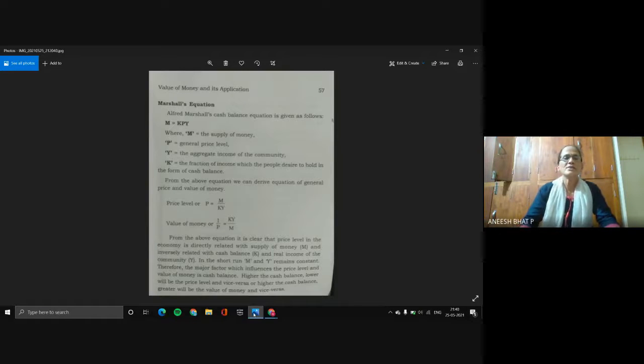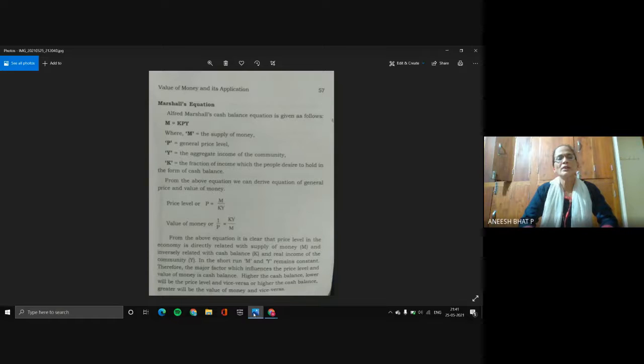K is a fraction of income. There is Y, and K is the fraction or part of income which people desire to hold in the form of cash balance. Remember, in this whole equation, K is important. Why?